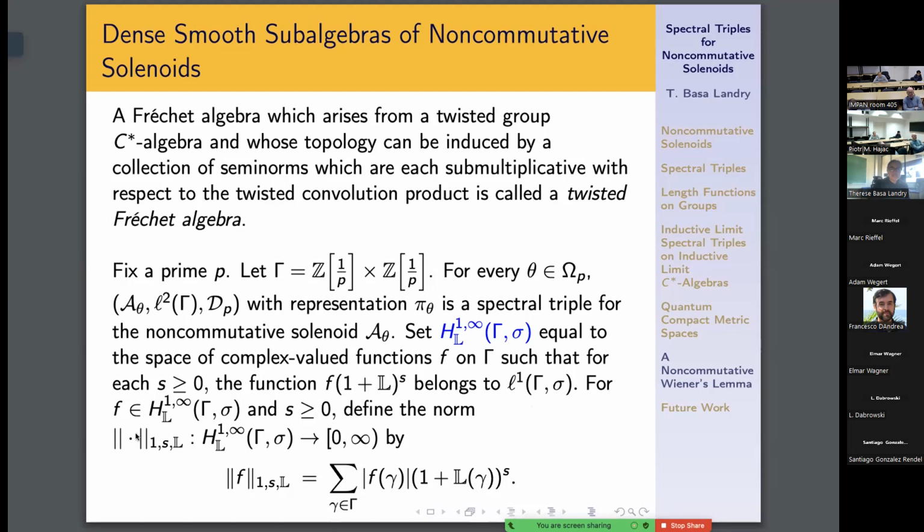And so we needed a collection of semi-norms. So these are in fact norms. Here's the collection of semi-norms by which the topology is induced. So you can see the role of the length function in this.